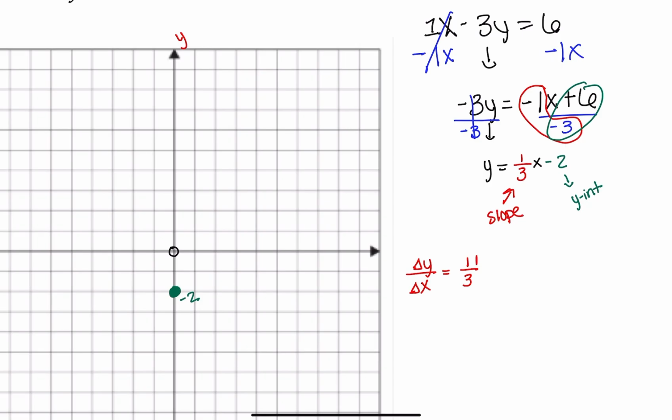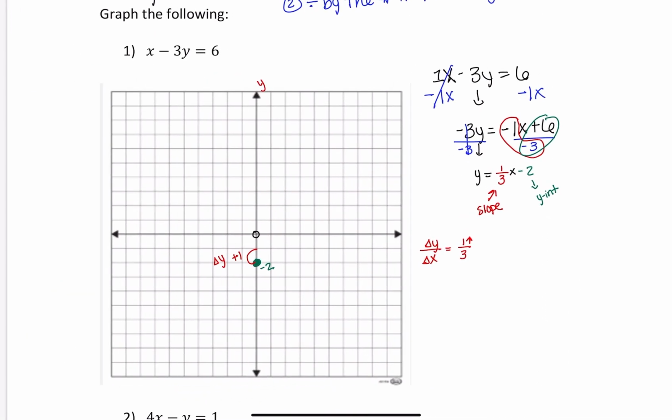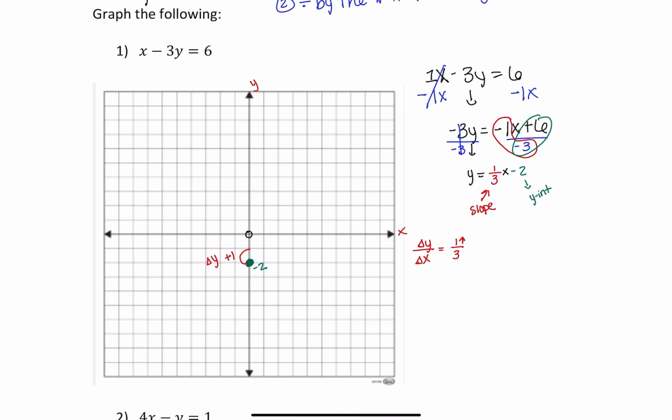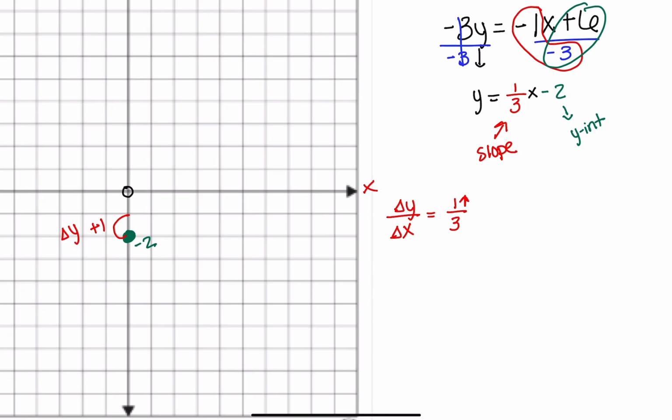We are going to go up 1 from where we're at. So I'm going to go up 1. So that's my plus 1, and that is my change of y. Well, my x is now right here, and that goes left and right. So that's why if we're positive, we are going to go to the right because that's where the positive numbers go. So I'm going to continue 1, 2, 3, and that is your next point.